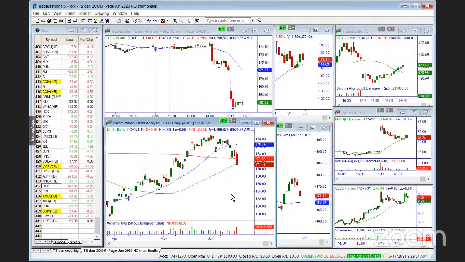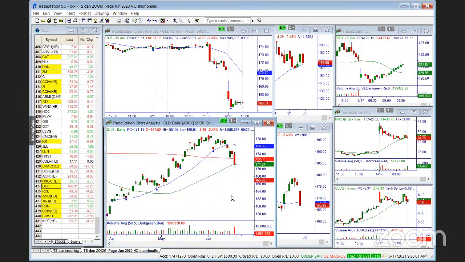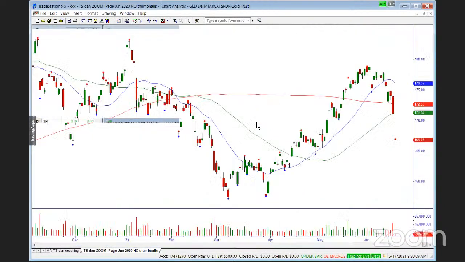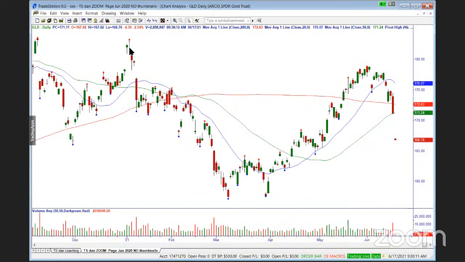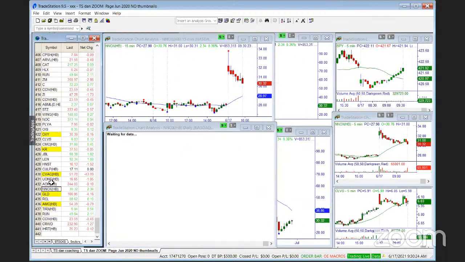So, it's kind of another example of things digest overnight after Fed meetings. That is a nasty gap. Wow, that's the biggest gap. Well, here is a nasty one here last November. Wow.